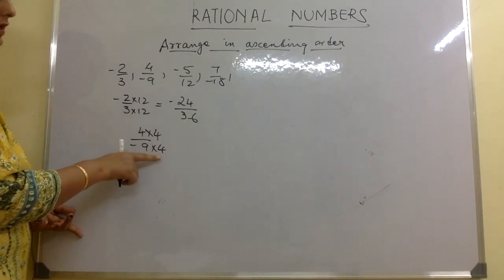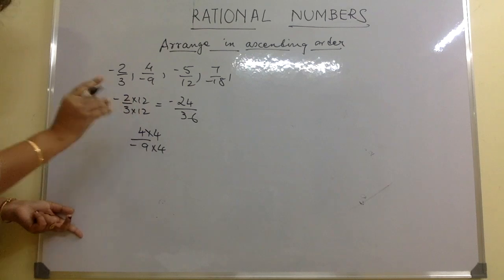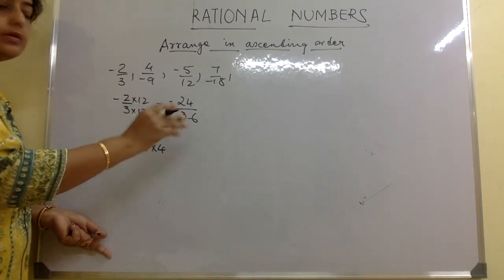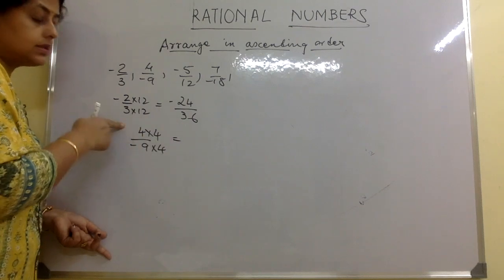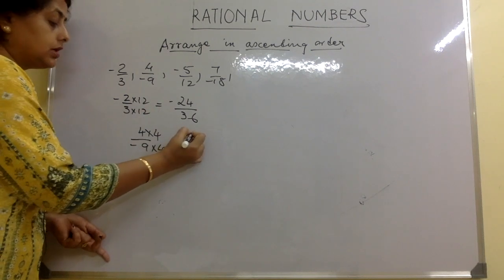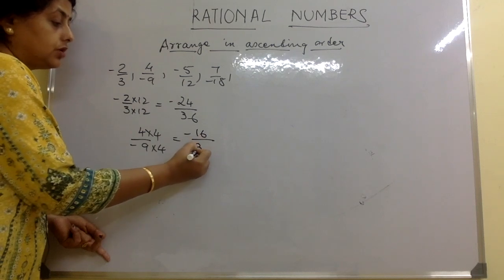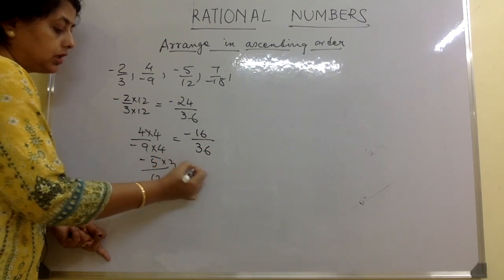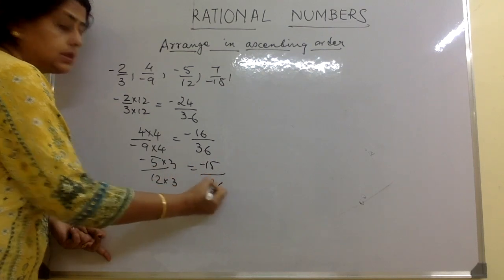In my mind I have that I have to get a 36 in the denominator. Now this minus I can easily shift to the numerator. I have talked about this in the previous video. So minus 5 by 12 into 3 and into 3, minus 15 by 36.